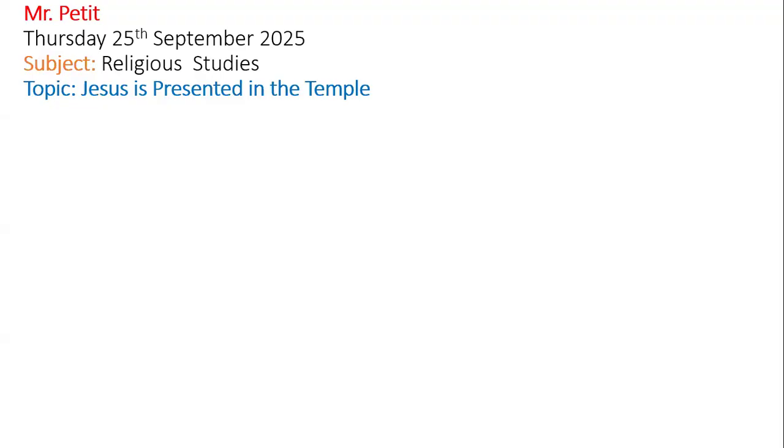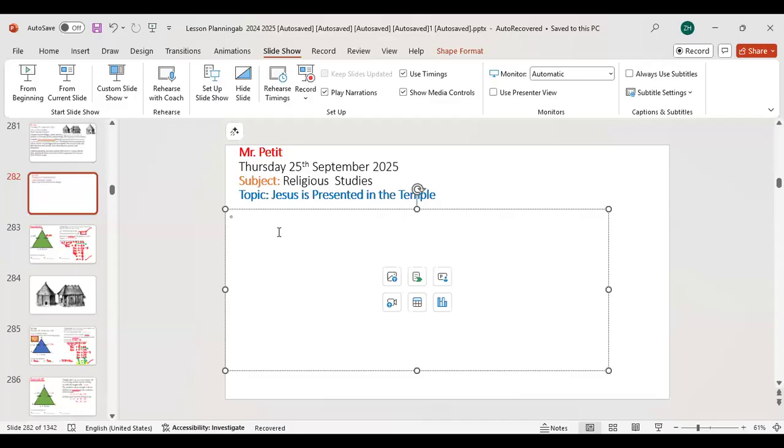All right. So when he was presented in the temple, we had some visitors, or some figures who were impressed by him. The first thing we're going to learn is Nicodemus. What was the last topic we did?